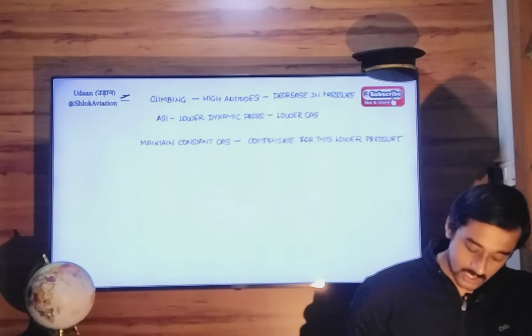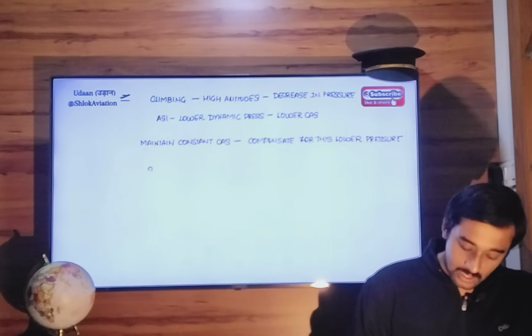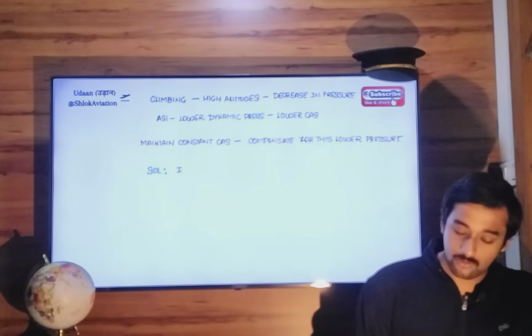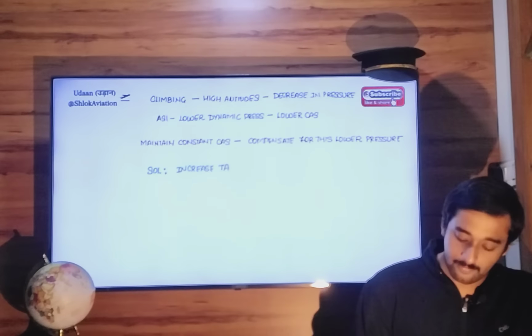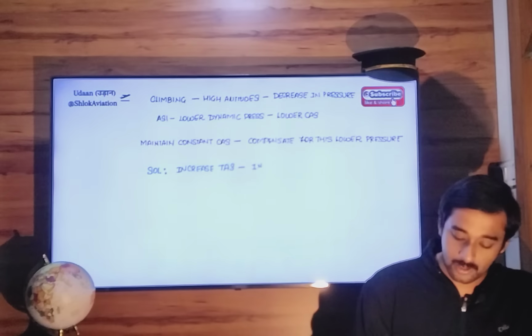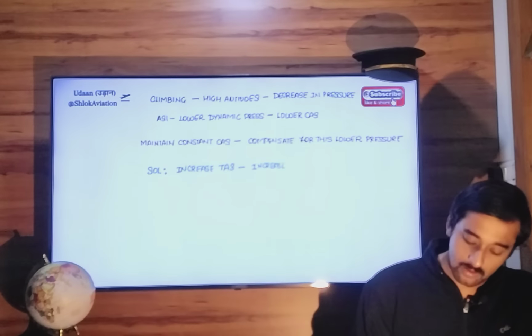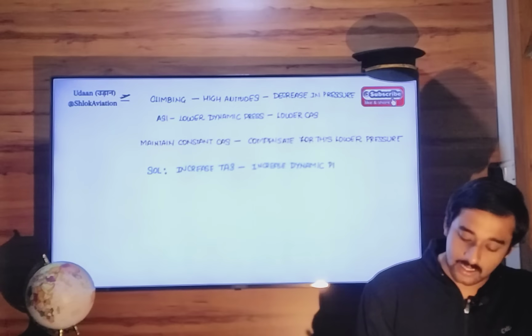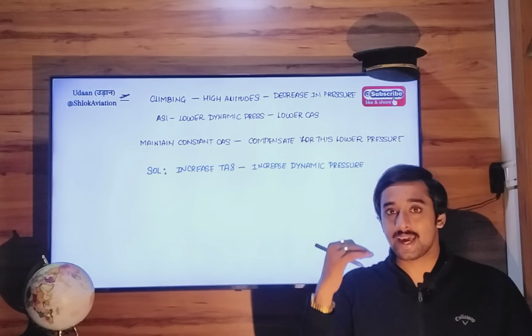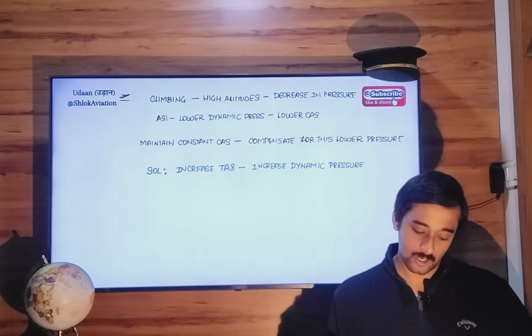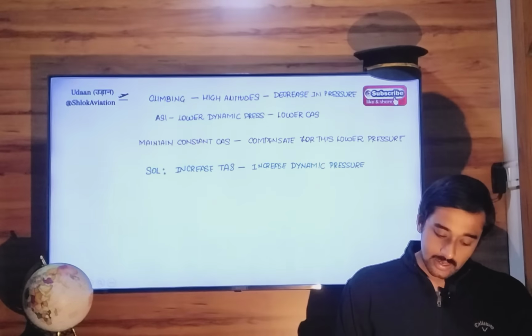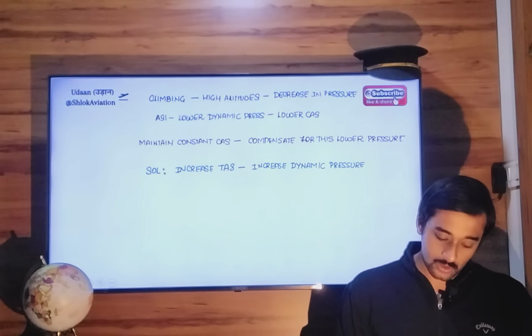The solution is to increase the forward speed of your aircraft, meaning increase true airspeed, which will increase the dynamic pressure. If dynamic pressure increases, it will help in stopping the fall in calibrated airspeed. So this dynamic pressure will compensate for the decrease in static pressure. So you're going to increase your true airspeed.